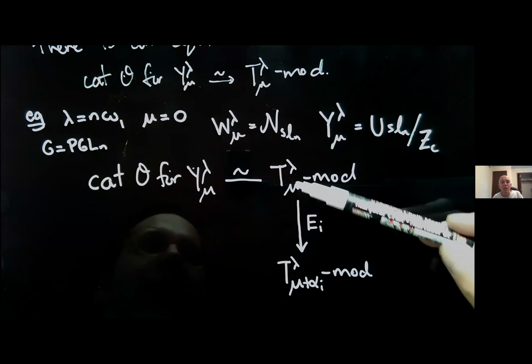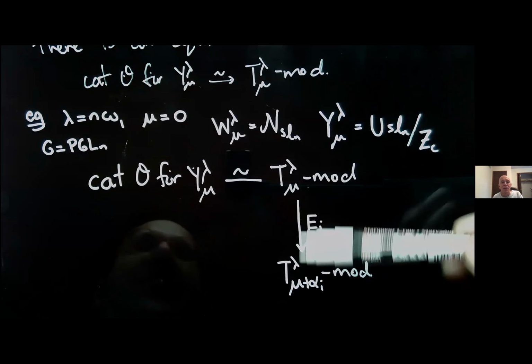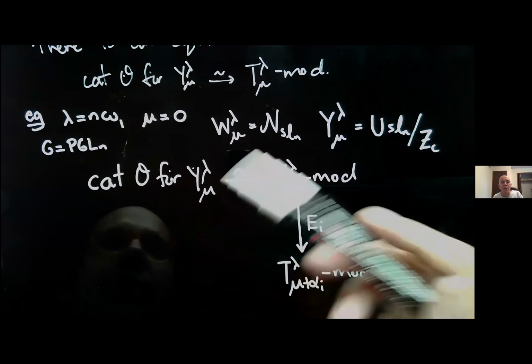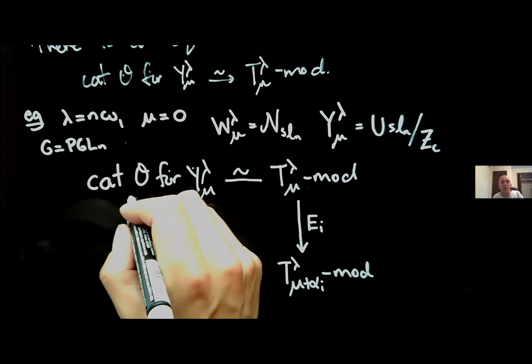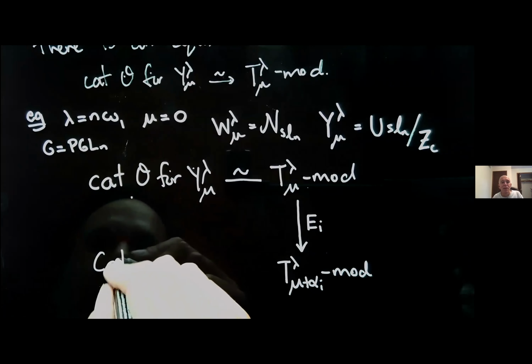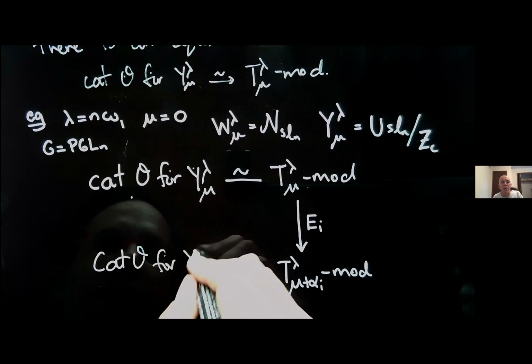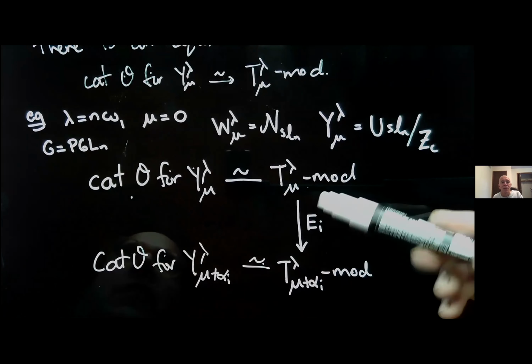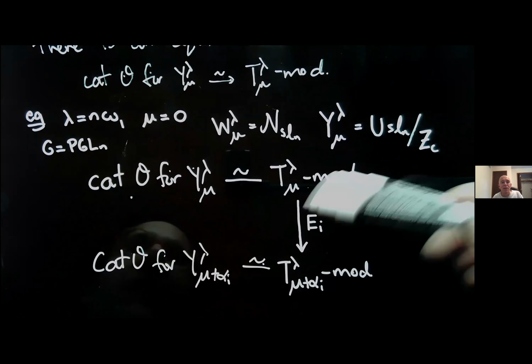In any case, this algebra is cooked up so that there are functors like this. So we do have functors E_i and F_i back and forth. And then here we can put category O for y lambda mu plus alpha_i, and again we have this equivalence. And we know we have these functors which give this categorical g action.